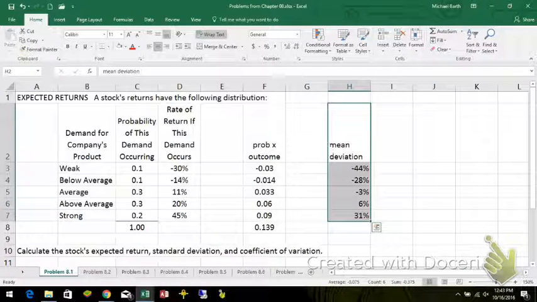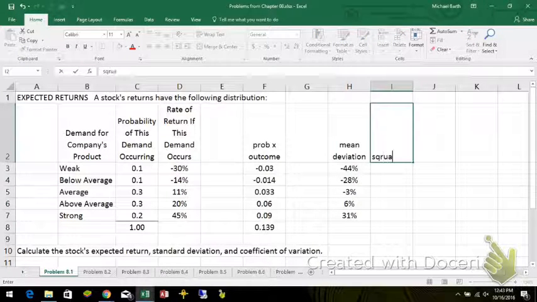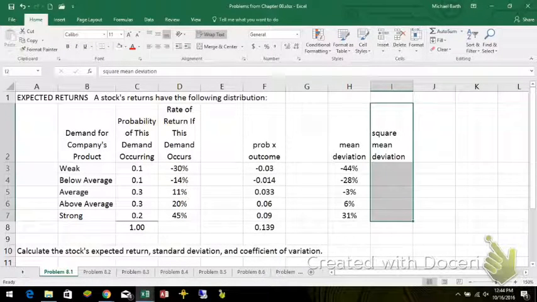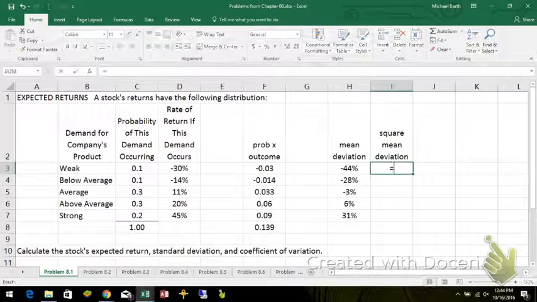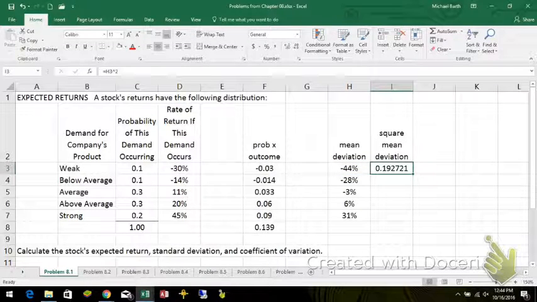To calculate a standard deviation, I want to square the mean deviation. That'll be simply that raised to the second power. Do that for each of these.